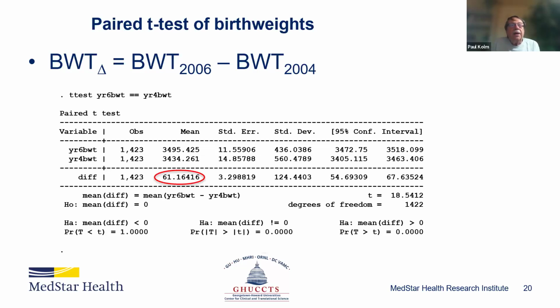We see that the difference between the pre-intervention and the post-intervention is 61 grams. So whatever the intervention was, we can say that there's evidence that it increased birth weight by 61 grams. And of course, with a large number here, that's going to be statistically significant.